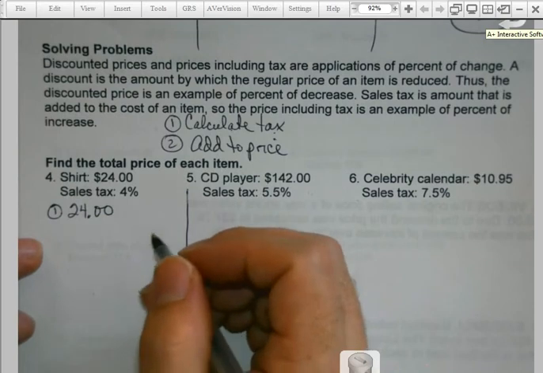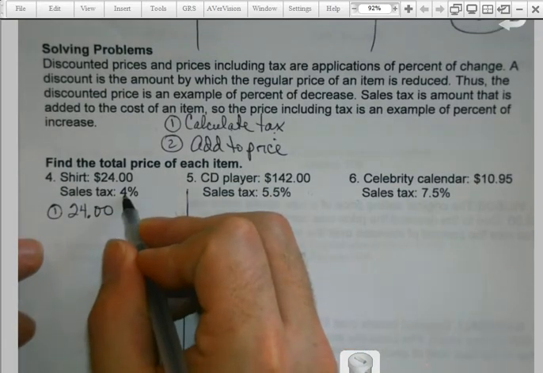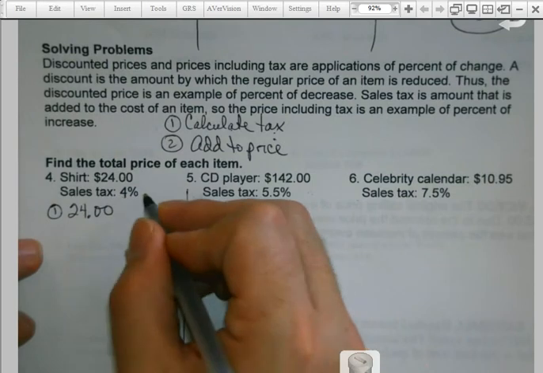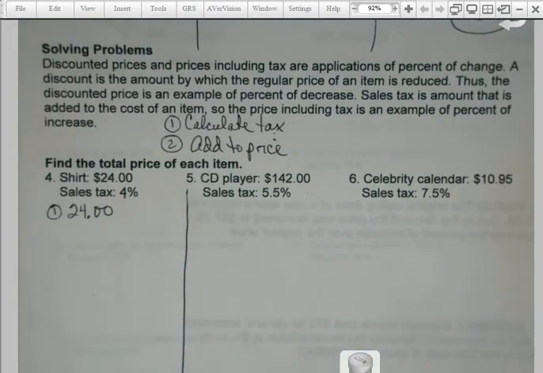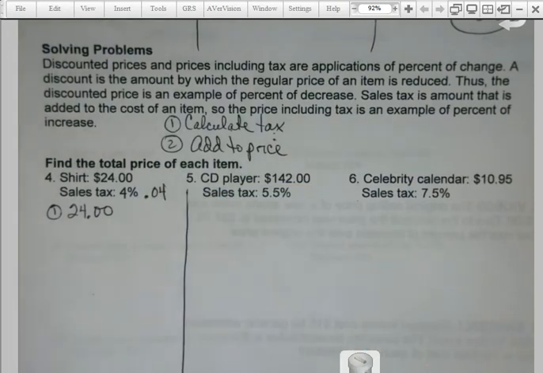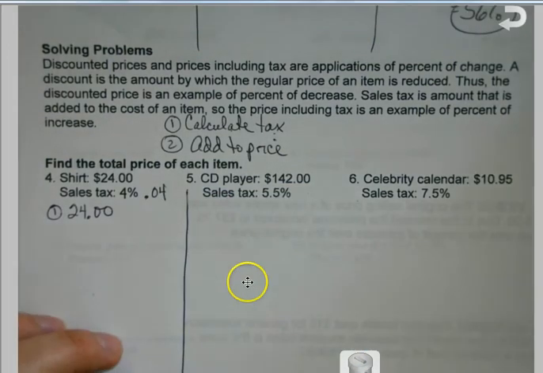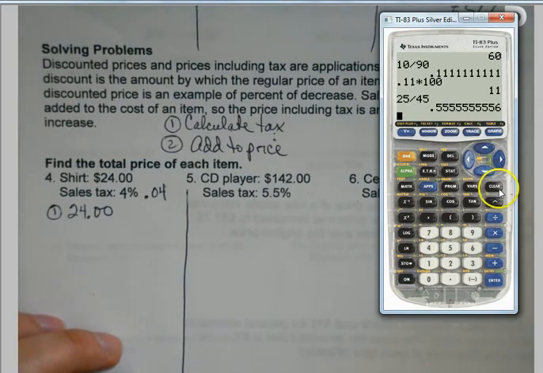Now here's the part that's tricky. Anybody know how to turn 4% into its decimal form? Close. We're real close. It's 0.04. Now if you're not sure how to do that, you're going to be like, wait a minute, we just got done multiplying by 100, now you're going to have me divide?